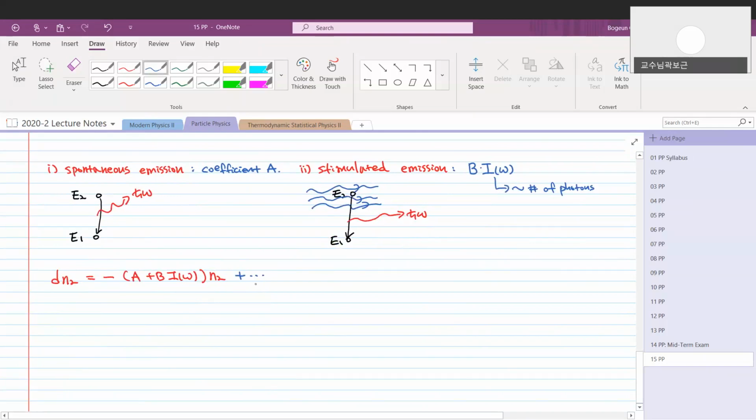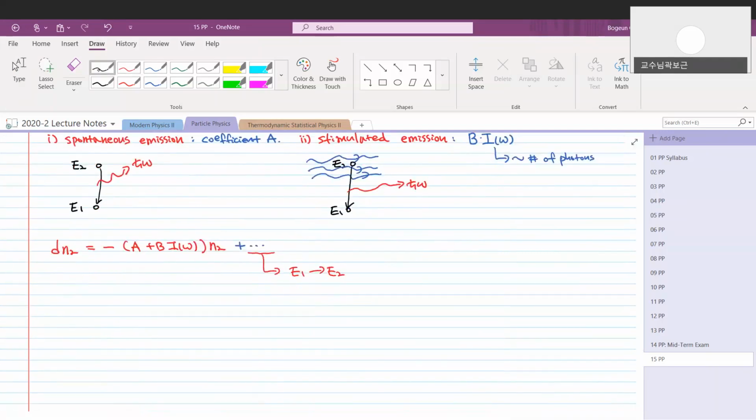This plus part is related to atoms at E1 going to E2 after absorbing photons.